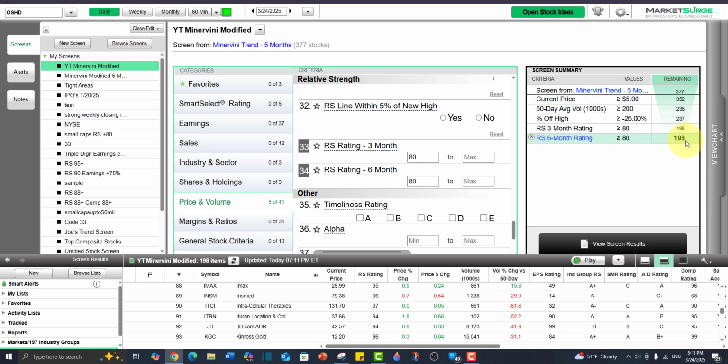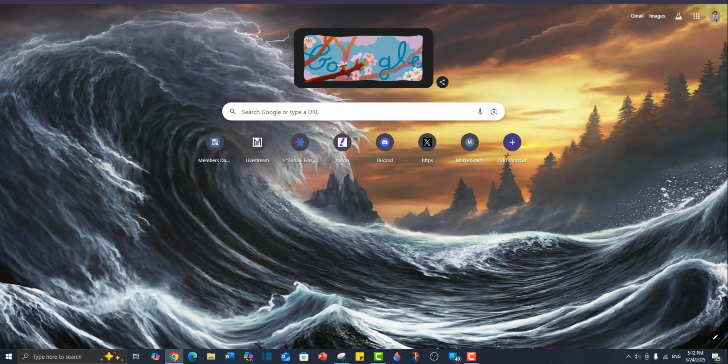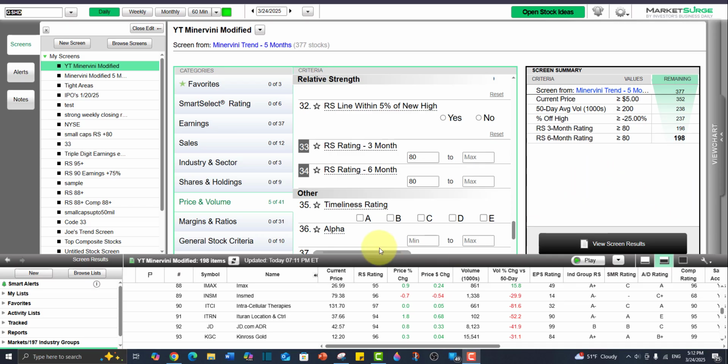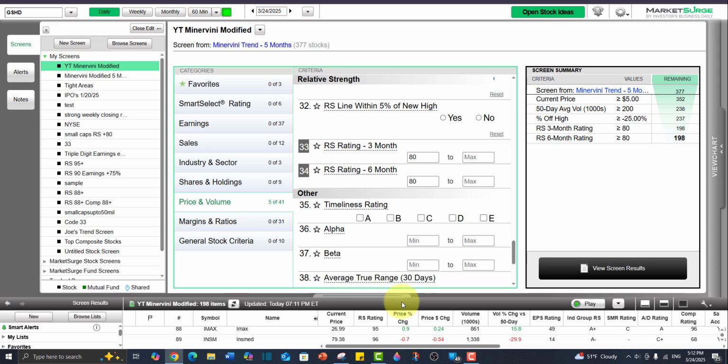So we have shaved off, what was it? Hold on a sec. We've shaved off 189 stocks. And so now we can screen through this pretty quickly. You just spacebar through them, and we can further organize them as follows.